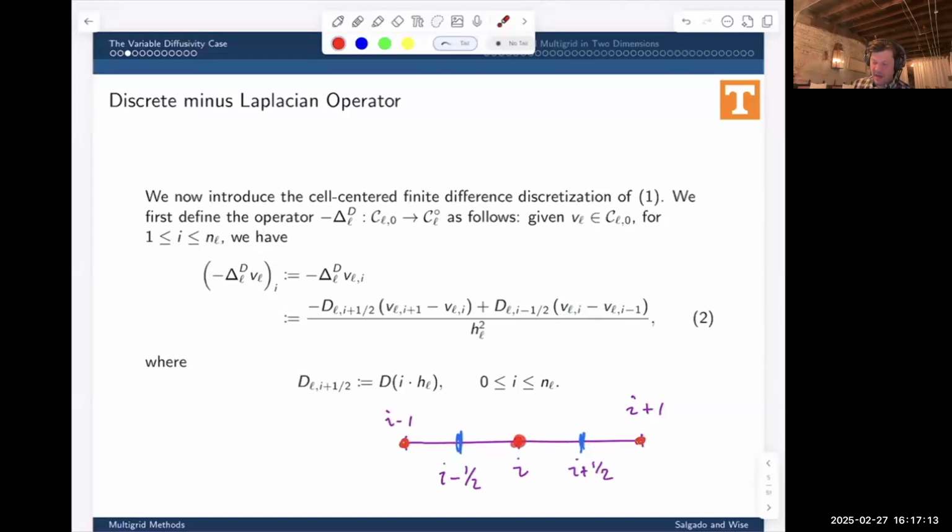So that's going to be V(I) minus V(I minus 1). And that's going to land me at this point, meaning it's an approximation at this point. So I'm going to multiply the diffusion coefficient at that point. The definition of that is just whatever that function D is, evaluated at this point. Okay, and all of them are given by this generic formula.